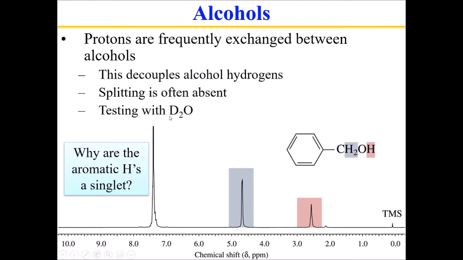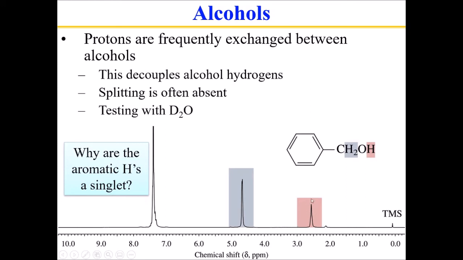And deuterium will actually exchange out because of the network of hydrogen bonds that this red hydrogen is playing with. It's participating in hydrogen bonds with the solvent. This oxygen starts to lose track of which hydrogen it was originally bound to and the other hydrogens in that network. Since those hydrogens were actually deuteriums, this hydrogen wanders off and gets replaced by a deuterium, and this peak goes away.